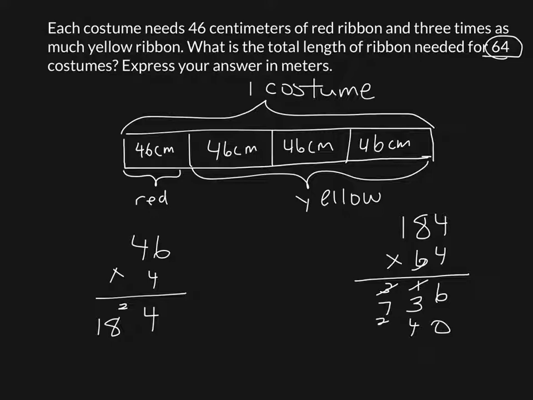Make a little tiny 2 there to carry it over. 6 times 8 is 48, plus 2 will be 50, and 6 times 1 is 6, plus that 5 will give me 11. 6 plus 0 is 6, 3 plus 4 is 7, 7 plus 0 is 7, and then, oops, I forgot to cross off that partial product. So it looks like 11,776 total centimeters for 64 costumes.